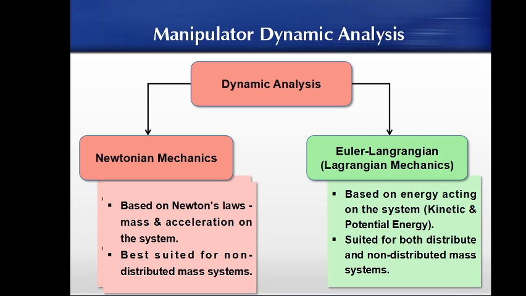So in our lecture and as per your syllabus, Lagrangian mechanics is the basic concept which has to be followed for deriving the dynamic equations of the given robotic manipulator.